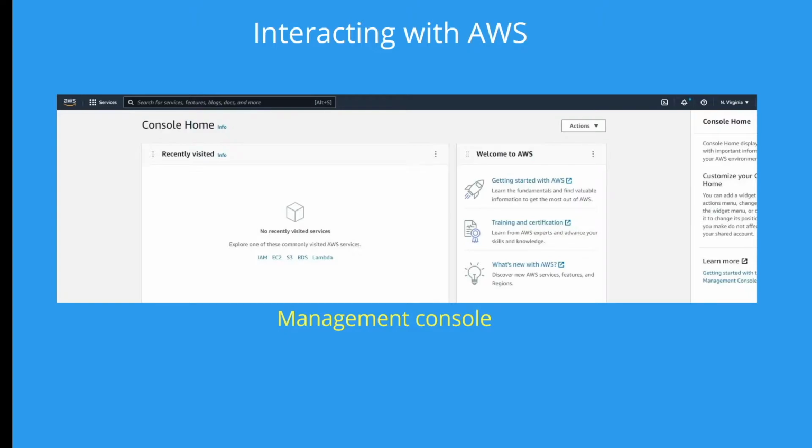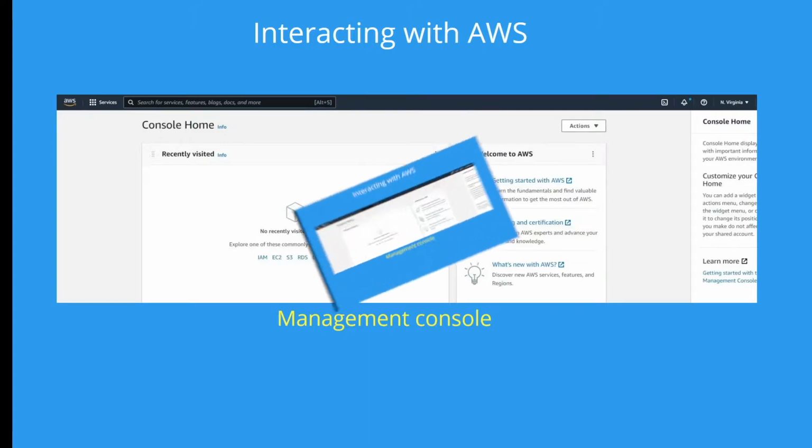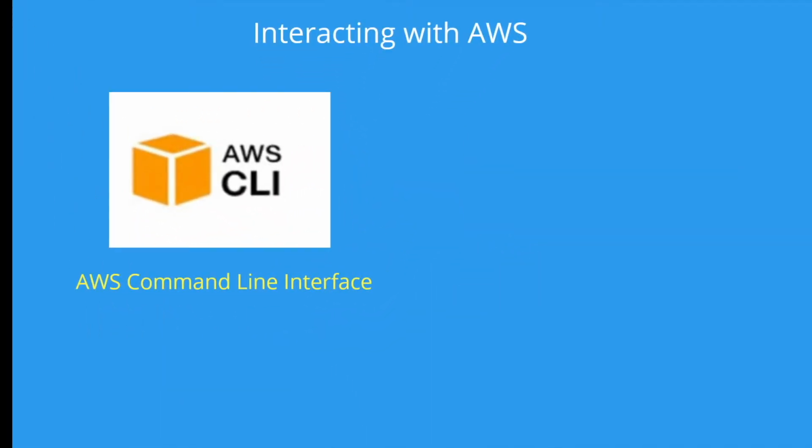So for instance, if you are running AWS for the first time and want to spin up a virtual machine, then it is a go-to interface. Usually it's easy to use the console for standalone tasks, but it's not suitable for repetitive tasks. For that, we have AWS CLI and AWS SDK.